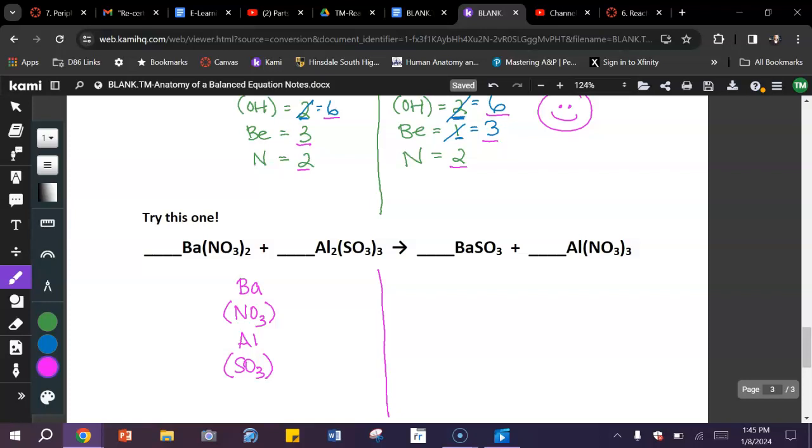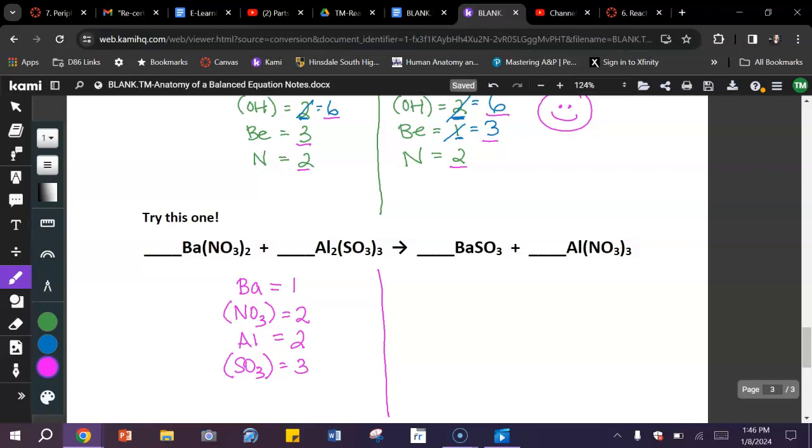I'm counting the polyatomic ion as if it's its own element. So on this side, I have 1 barium, I have 2 nitrates, which is the name of the polyatomic NO3. I have 2 aluminums, and I have 3 sulfites, and that's the name of SO3.